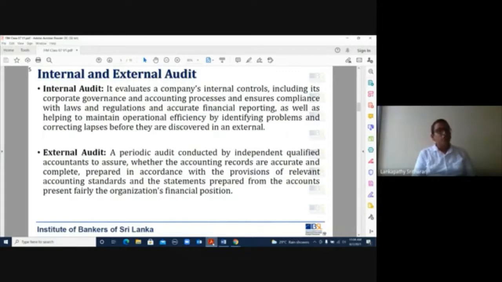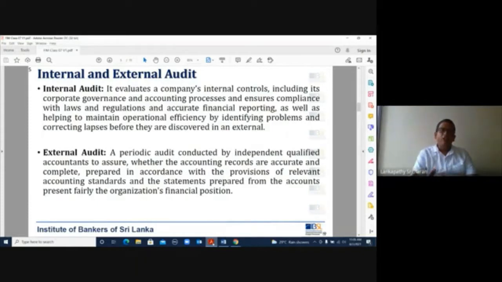An external audit, of course, everybody knows, is a periodic audit conducted by independent qualified accountants to assure whether accounting records are accurate and complete, prepared in accordance with relevant accounting standards, and whether statements prepared from the accounts fairly represent the organization's financial position.